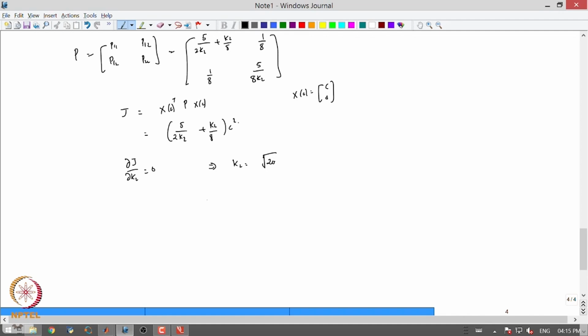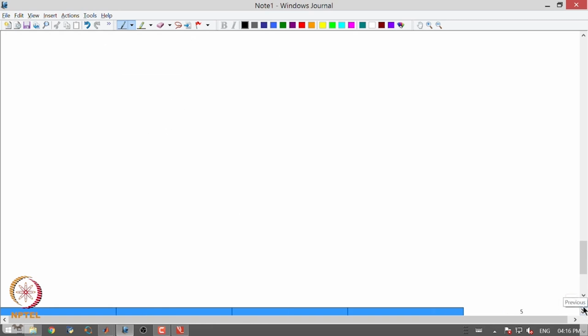And therefore, u is minus square root of 20 x 2, and the minimum value of J, because I know P now, is c square. So these are some straightforward steps of how to compute the optimal control law given a certain problem.